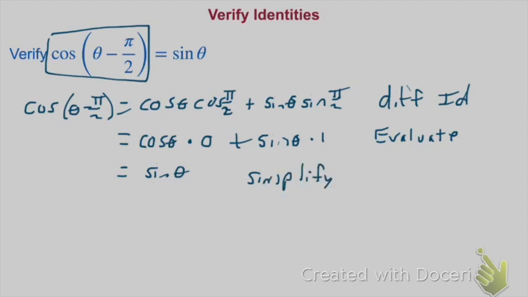And now all we have to do is make our statement, because we've shown what we wanted to. So cosine theta minus pi halves does indeed equal sine of theta. Almost forgot my little therefore and my box. We've just shown that cosine of theta minus pi halves is indeed sine of theta.